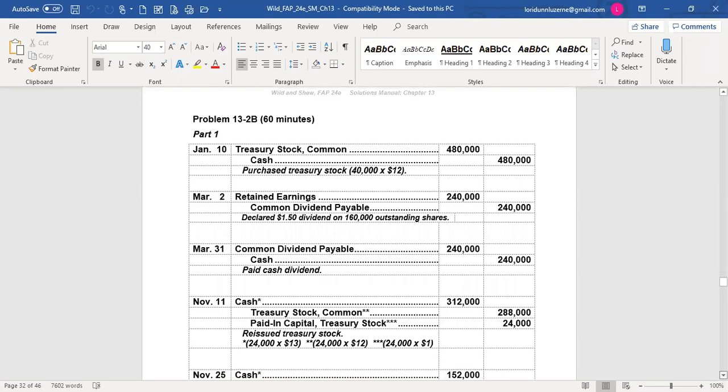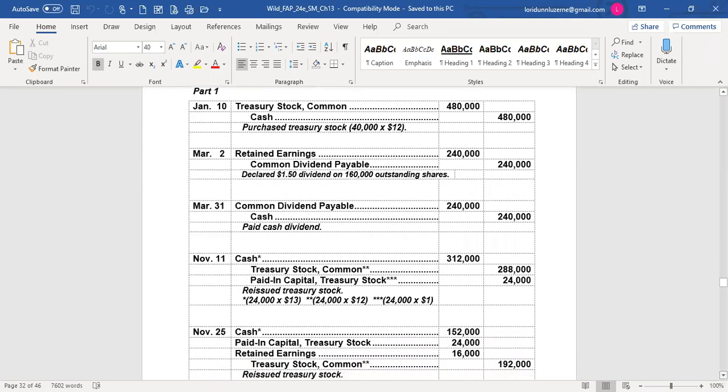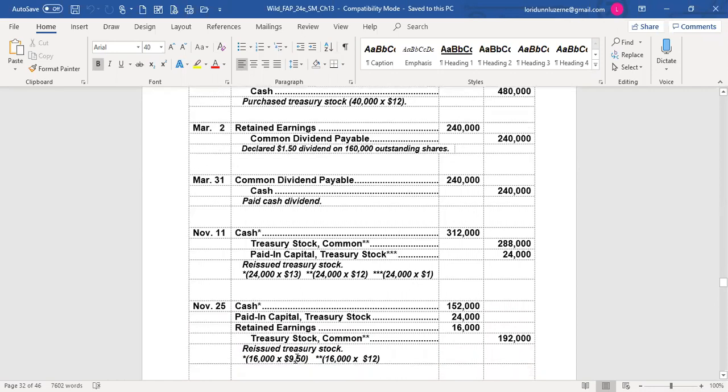On the 25th, the company is selling the remaining 16,000 shares of treasury stock, but this time they're only selling them for $9.50 a share. So they're going to receive cash of $9.50 times those 16,000 shares, or $152,000.